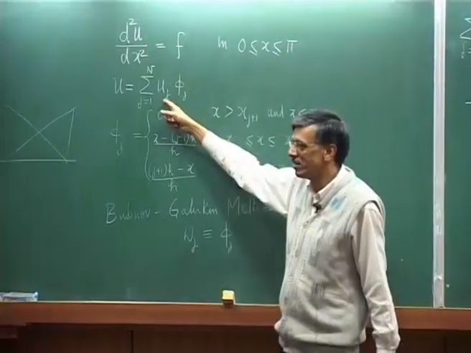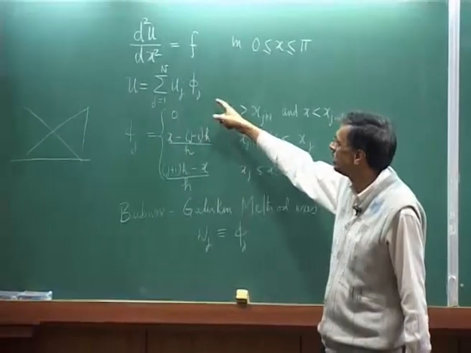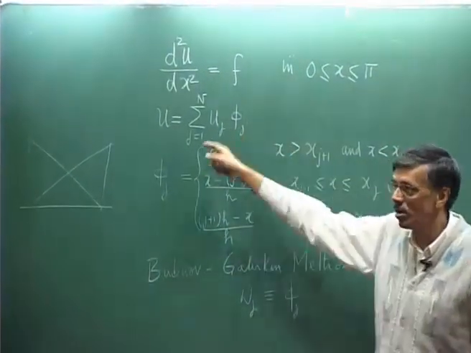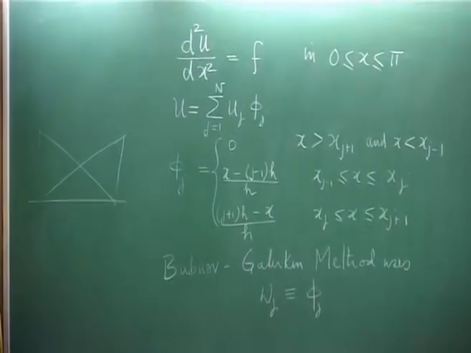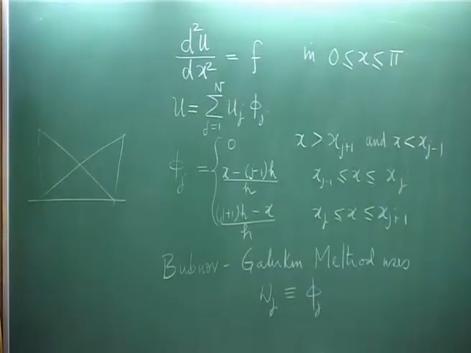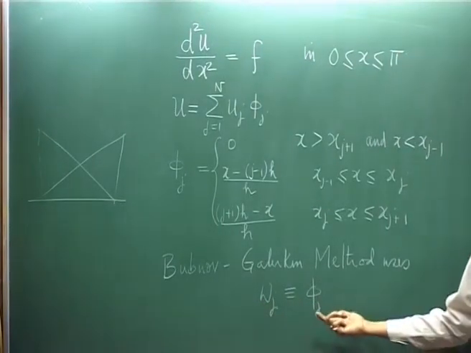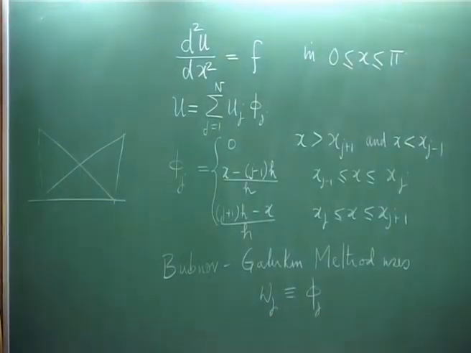So, what you write is U as a linear combination of the basis functions as given here times the nodal values, right. And if you recall, in the weighted residual method we had to choose the weight function which we called as Wj. In Bubnov-Galerkin approach, that Wj is nothing but phi j itself, right.